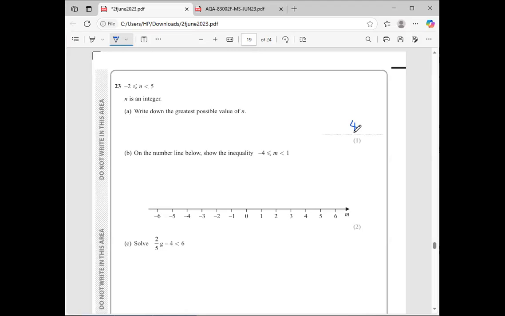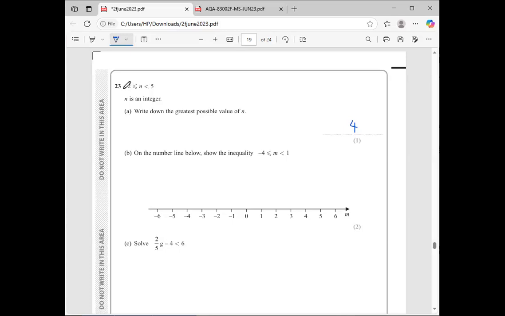-1. No. Wait, if it's already -2, the lowest value is -2, correct? That's it. That's the lowest value it can be. Now, let me explain. You see these signs, the less than or equals to and less than, okay?